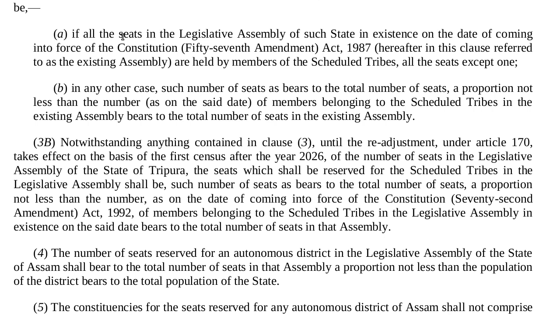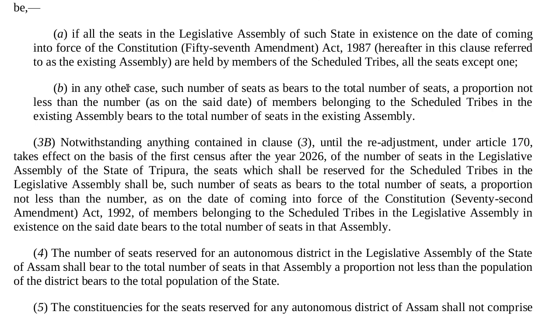A. If all the seats in the legislative assembly of such state in existence on the date of coming into force of the Constitution 57th Amendment Act 1987, hereafter in this clause referred to as the existing assembly, are held by members of the scheduled tribes, all the seats except one.